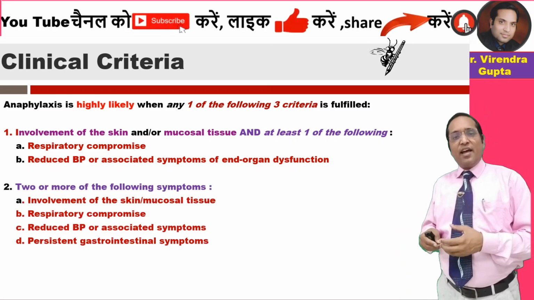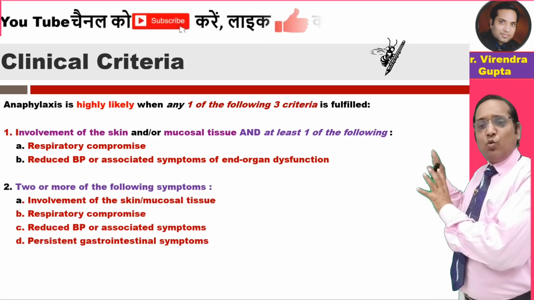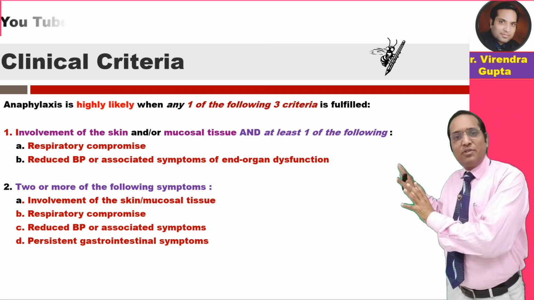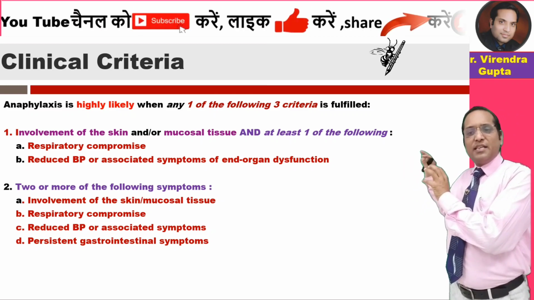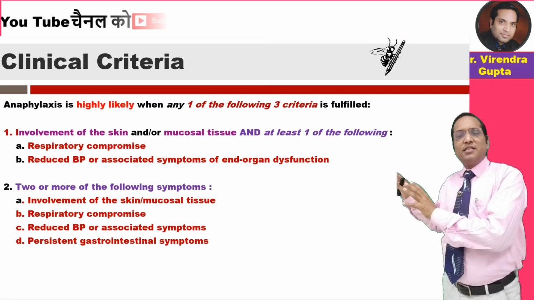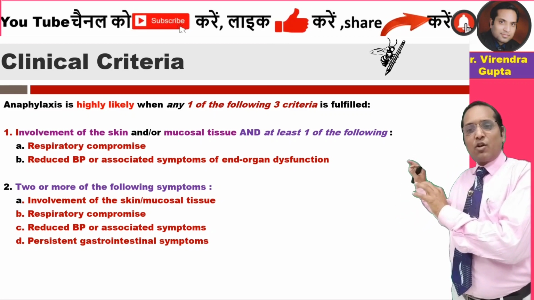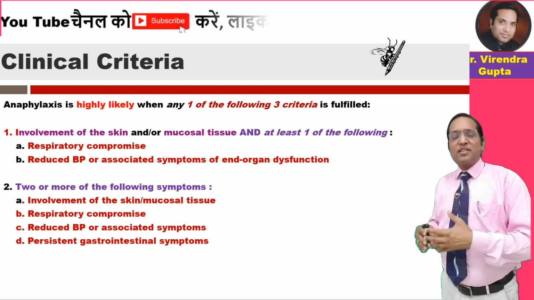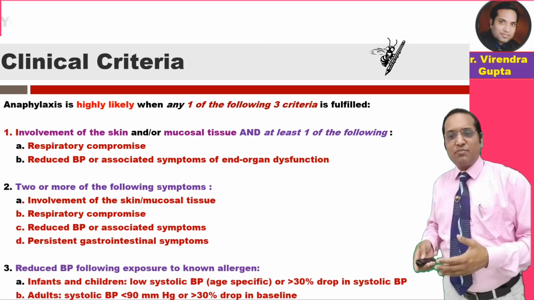And the second criterion is if there are any 2 or more of the following: involvement of the skin or mucosal tissues, respiratory compromise, reduced blood pressure or associated symptoms, or persistent gastrointestinal symptoms.